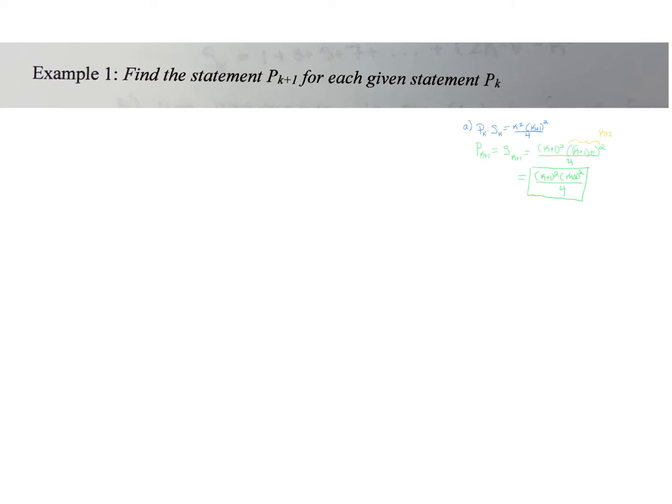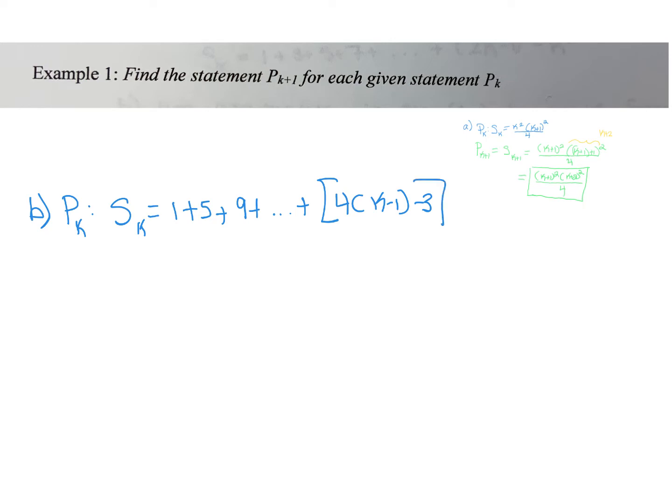Let's do letter B. Letter B says that P sub k is S sub k equals 1 plus 5 plus 9 plus ... plus brackets 4k minus 1 minus 3, close your bracket, plus 4k minus 3. So all I'm going to do is replace all my k's with k plus 1's.